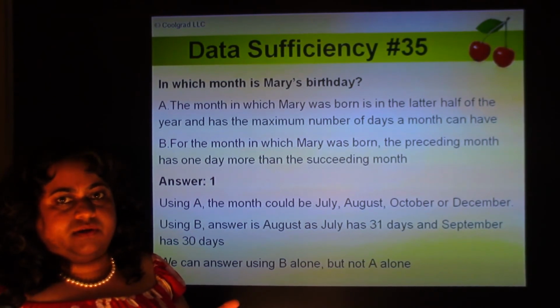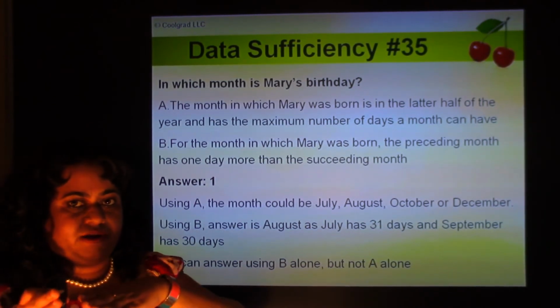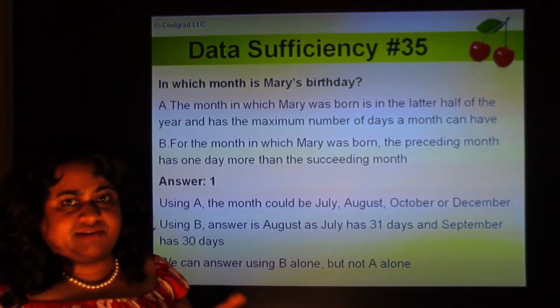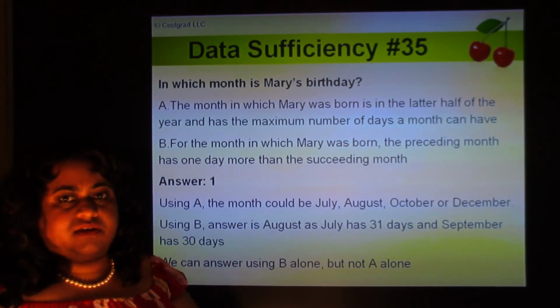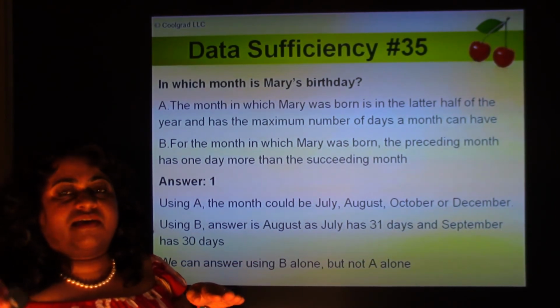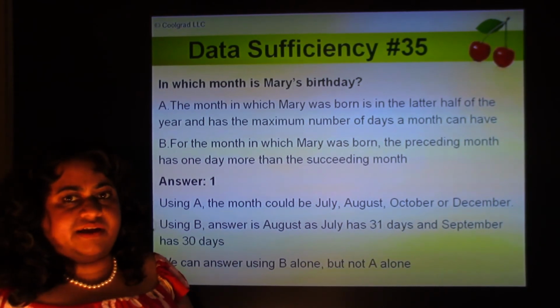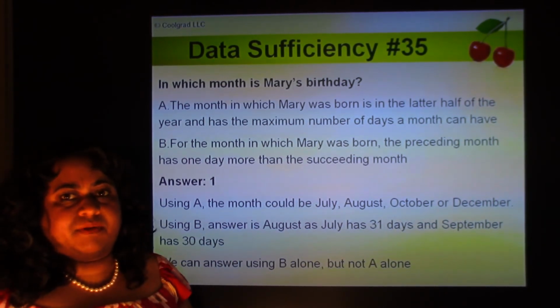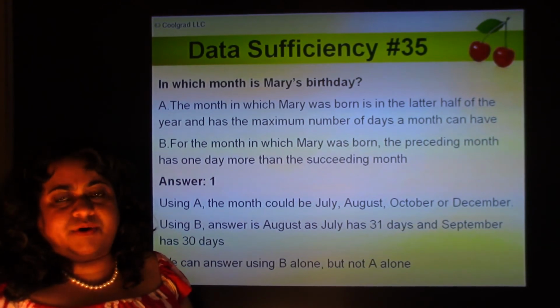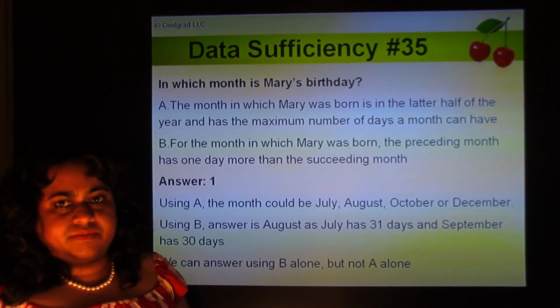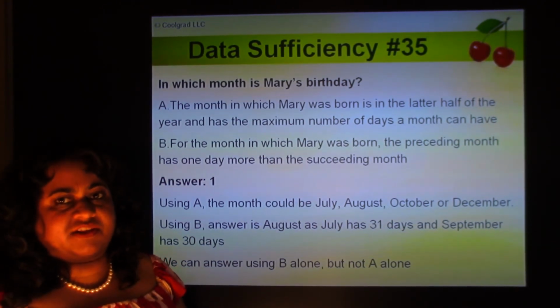August has 31. So we want to find the preceding month having 1 day more than the succeeding month. If you take August, July has 31 days and September has 30 days. So August works. If you continue to check the remaining months, September, October, November, and December, you'll see that none of them satisfy this condition.